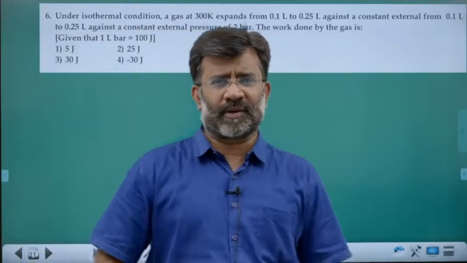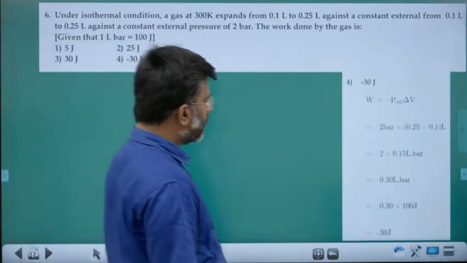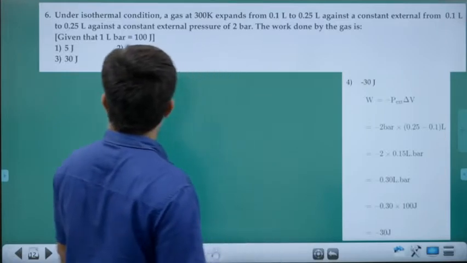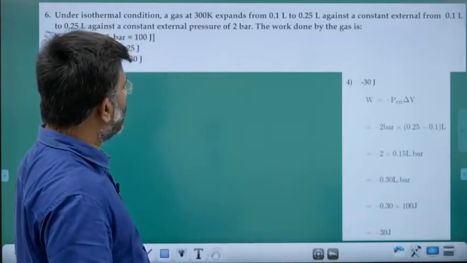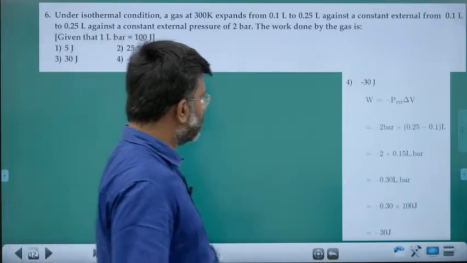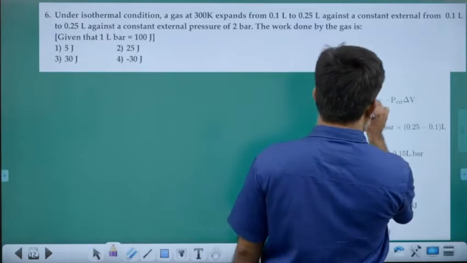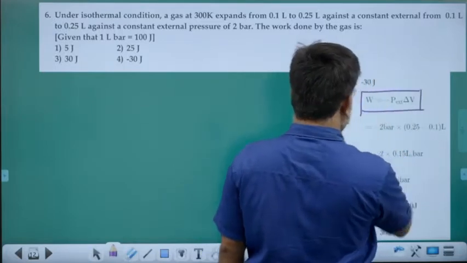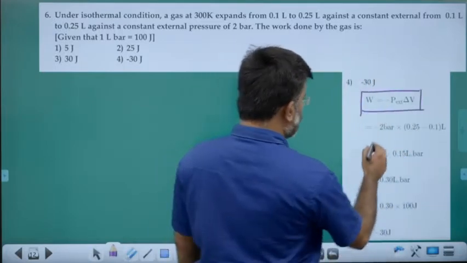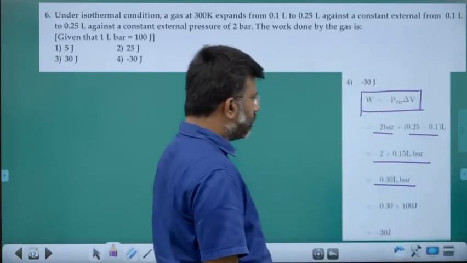Just substitute in that, you get your answer. Against a constant external pressure, work done is equal to minus P external delta V. Pressure given, delta V given, substitute and get your answer in liter bar.